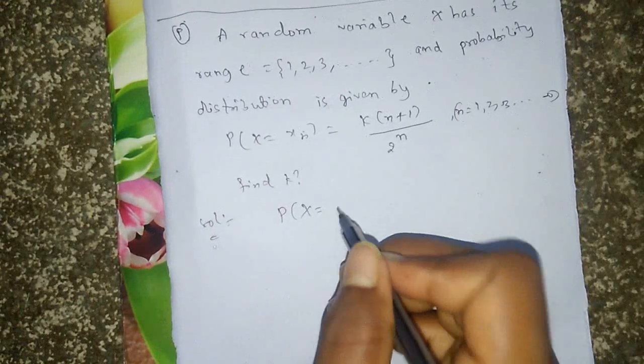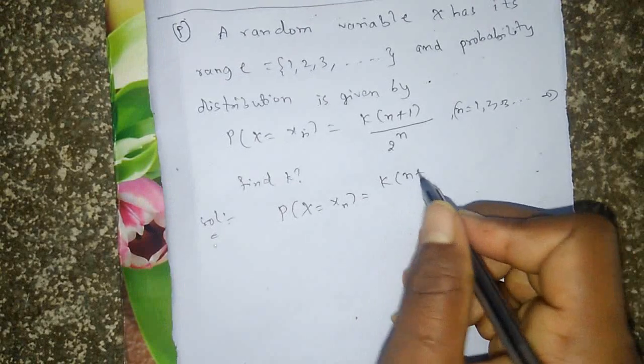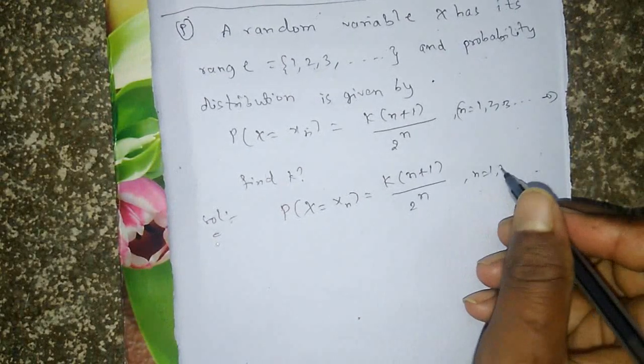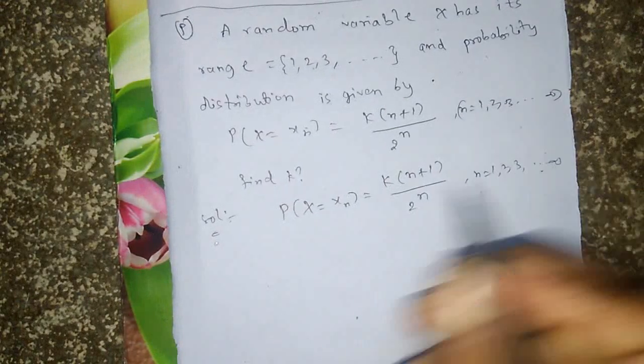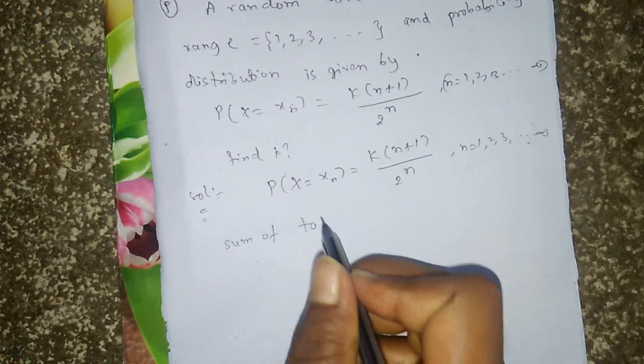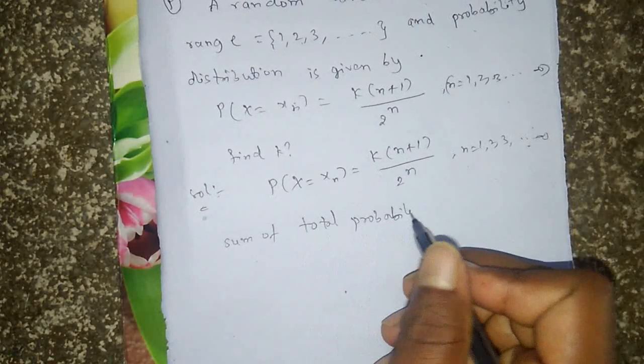The probability distribution is given by P of X equal to x_n is equal to k into (n plus 1) by 2 power n, where n varies from 1, 2, 3 and so on up to infinity. We know that the sum of total probabilities is equal to 1.